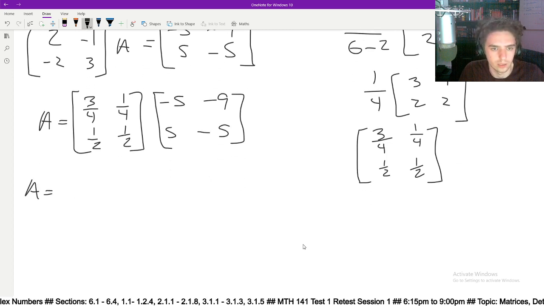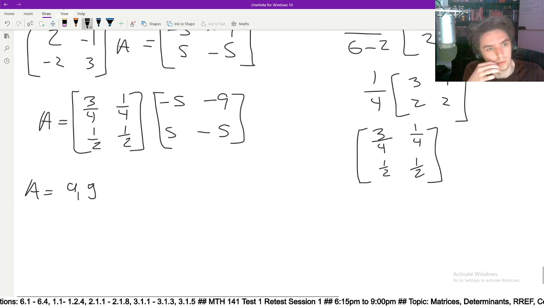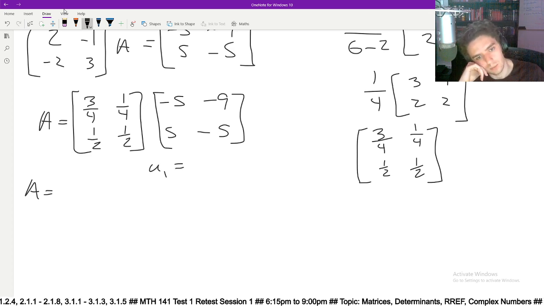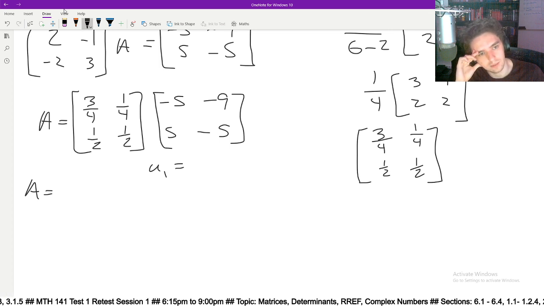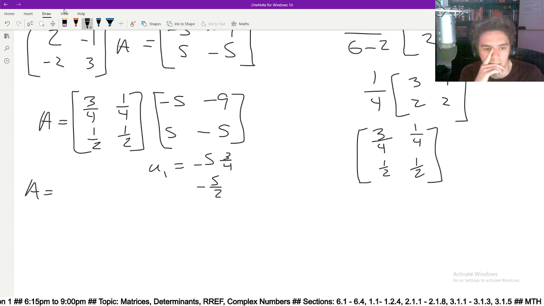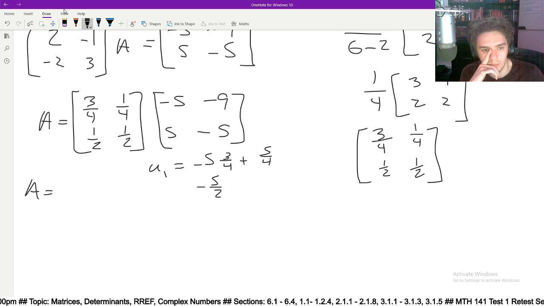So A equals, again, I'll just do it like this. The first column of our answer will be minus 5 times this, so minus 5 times 3 over 4, and then minus 5 halves, plus 5 over 4, plus 5 over 2.